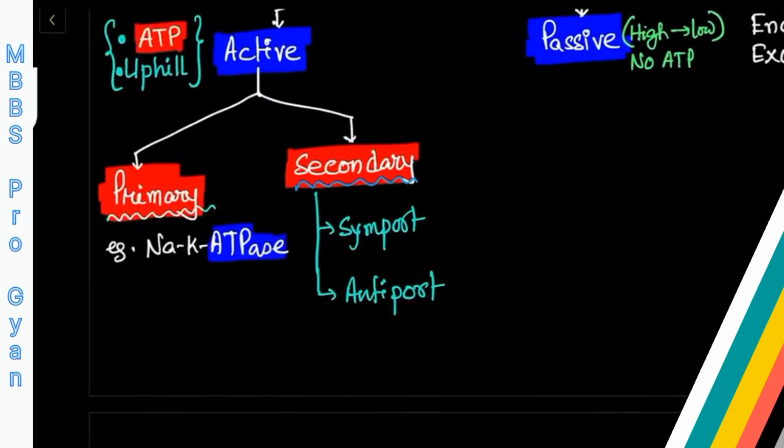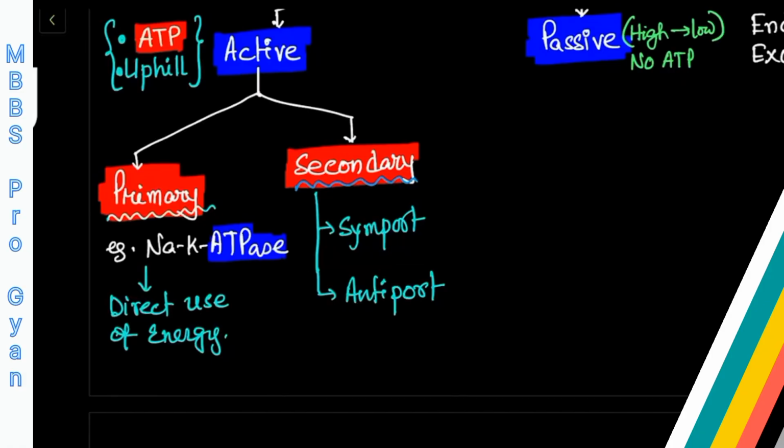That's why we say primary active transport means there is direct use of energy. What do you mean by that? It means the carrier molecule itself is breaking down the adenosine triphosphate molecule. Direct use of energy.